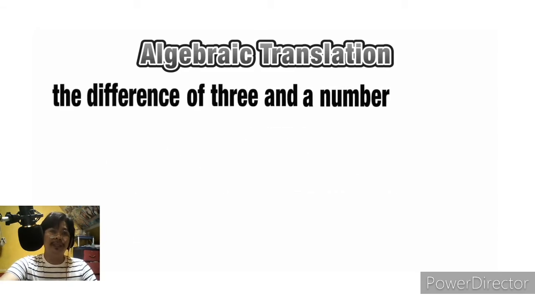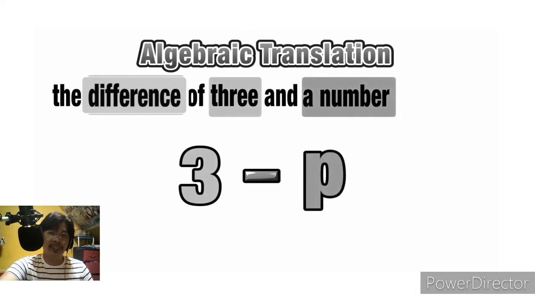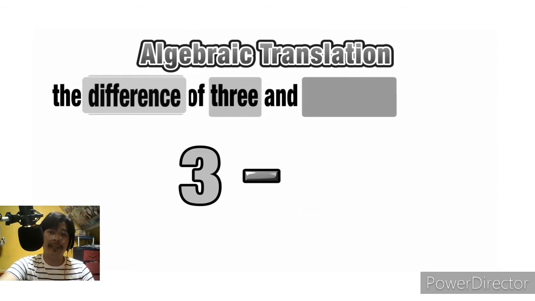So remember that if we have than, you're going to switch the words like that. Here is another example. The difference of 3 and a number. Difference represents subtraction. So difference of 3, which is 3 and a number. And let us represent that as P or any letter in the English alphabet. Pwede tayong gumamit ng iba pang mga letter.